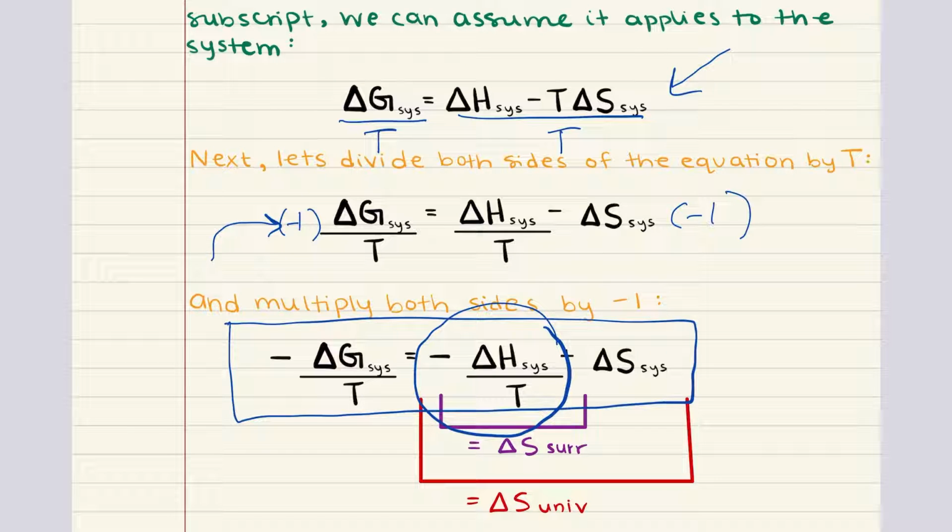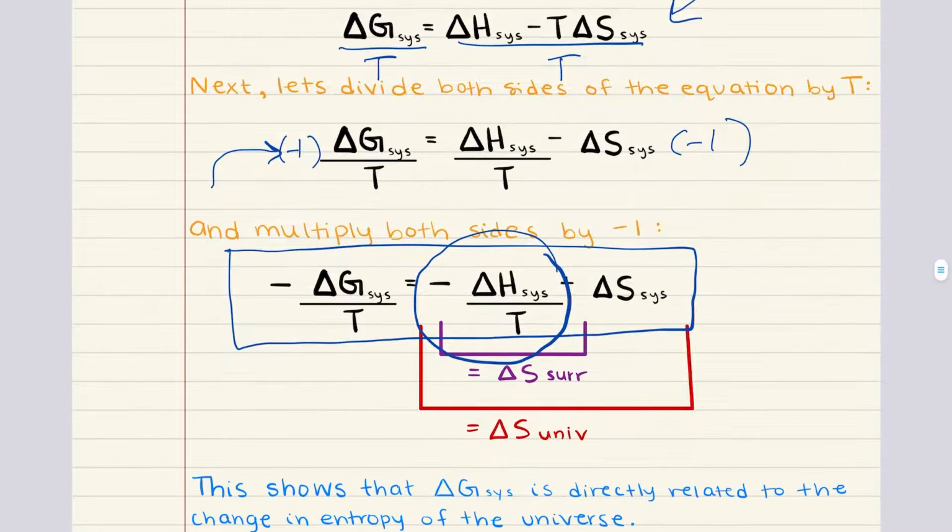This term right here is equivalent to the change in entropy of the surroundings. If we replace this term with delta S of the surroundings, we now have on the right side of this equation, delta S of the surroundings plus delta S of the system. That is equivalent to the change in entropy of the universe.